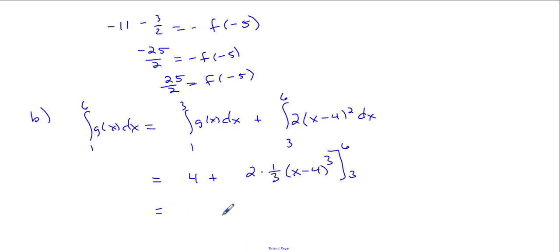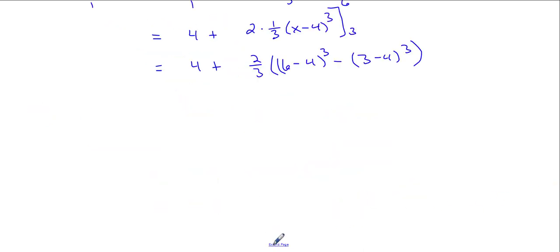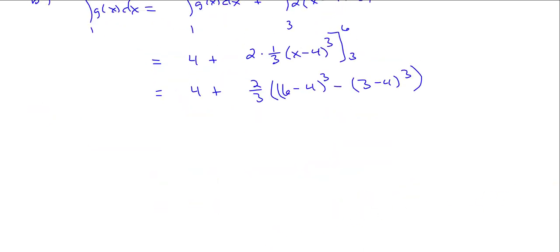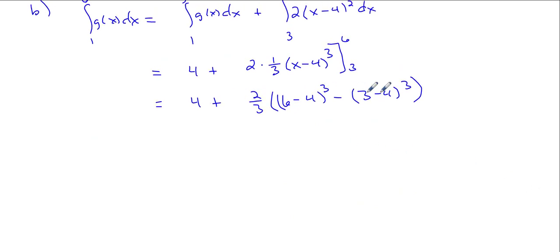Clean that up just a little bit. 4 plus 2/3, and then evaluate from (6 minus 4) cubed minus (3 minus 4) cubed, and then let's keep going. Would this be good enough for an answer?